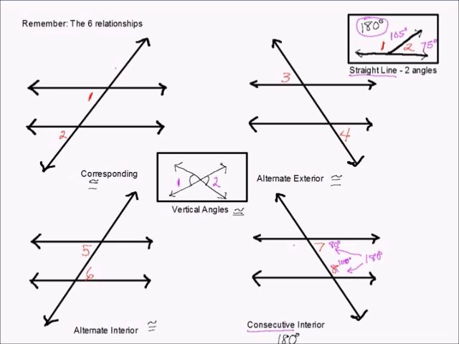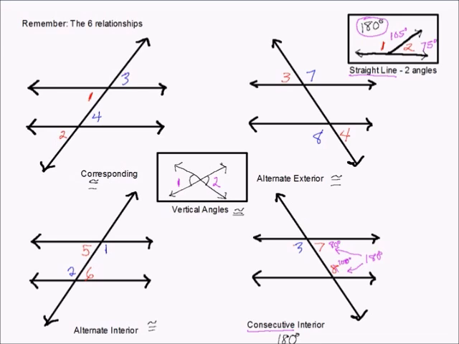Of course, there are multiple corresponding angles. Let's color code this. Matching positions: top of the line and to the right, top of the line to the right. 3 and 4 would also be corresponding. Or let's say angle 7 and angle 8, opposite sides on the outside. Let's say angle 1, angle 2.